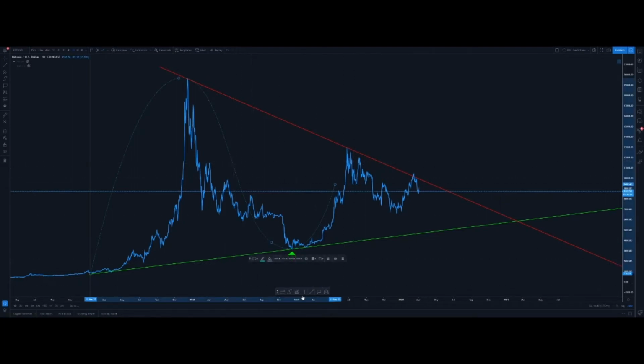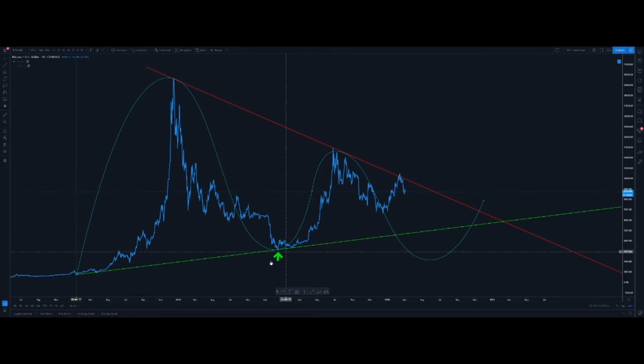Let's make this solid, since this line is completed, and use this as reference. Obviously this is the first confirmation of resistance of this pattern, so let's put an arrow here.